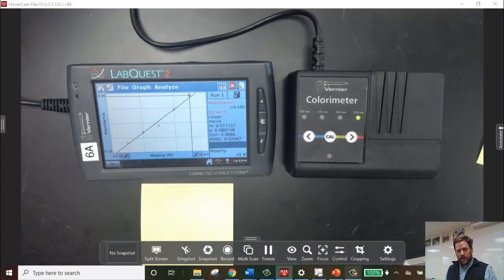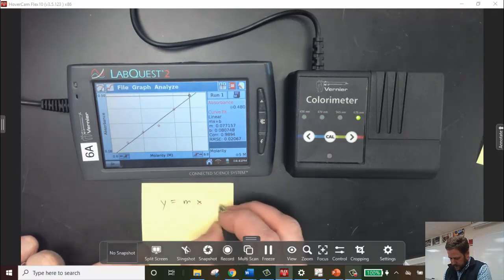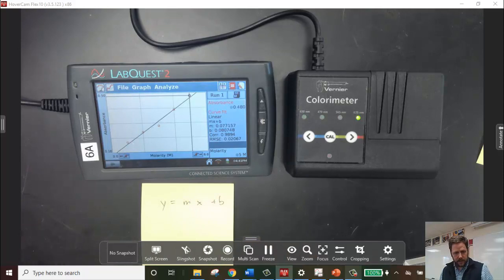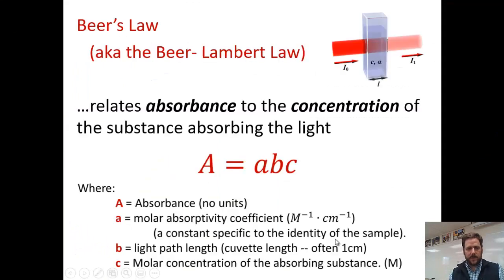Now the LabQuest has given us a simple y equals mx plus b relationship, and this is what is essentially going to boil down to Beer-Lambert law, or Beer's law. The equation as it's presented here looks a little bit different than y equals mx plus b. Instead of y, we're using the letter A for absorbance because that's our y-axis. And instead of x, we're using the letter C for concentration because that's our x-axis, the concentration of the solution in molarity.